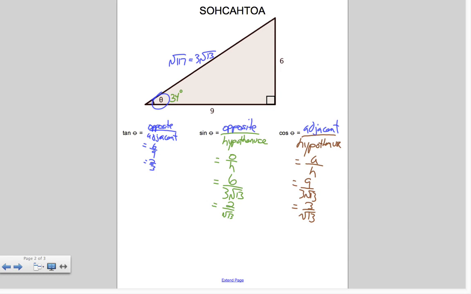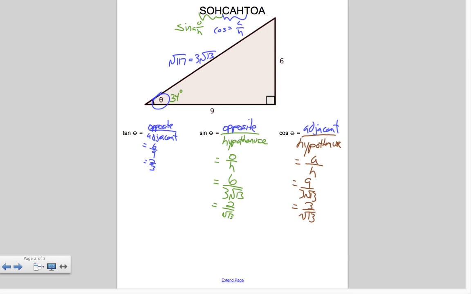Okay? So SOHCAHTOA is short for: sine is opposite over hypotenuse. So that's where we got this from. The CAH is cosine is adjacent over hypotenuse.